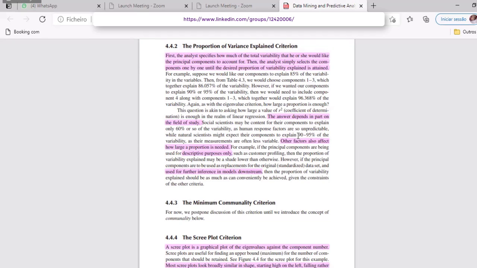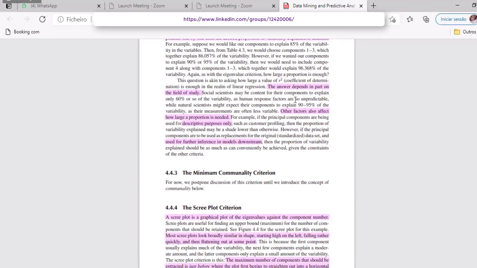I don't know if you understand this, but if you are dealing with science, usually you go to higher variability to choose the number of components.